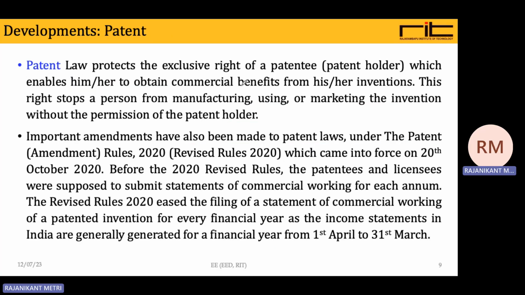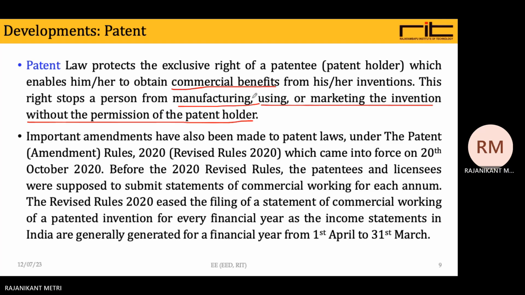Now, patent law protects the exclusive right of the patentee, that is the patent holder, the one who has filed the patent and got the patent, which enables him or her to obtain commercial benefits from his or her innovations. This right stops a person from manufacturing, using, or marketing the invention without the permission of the patent holder.